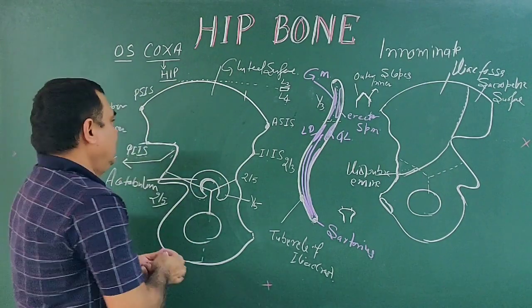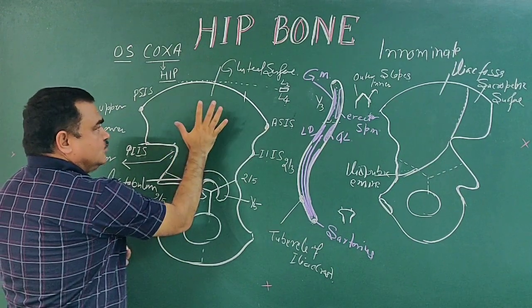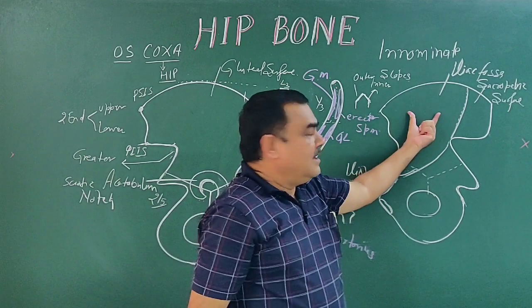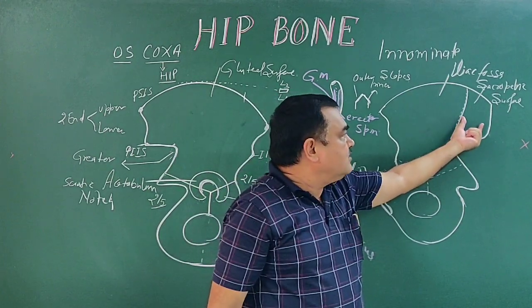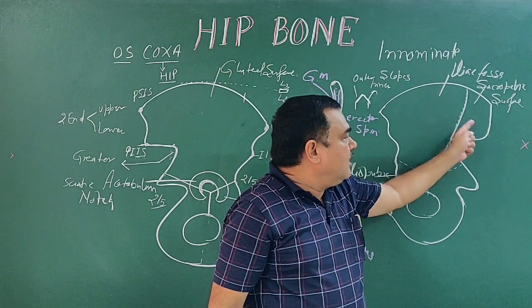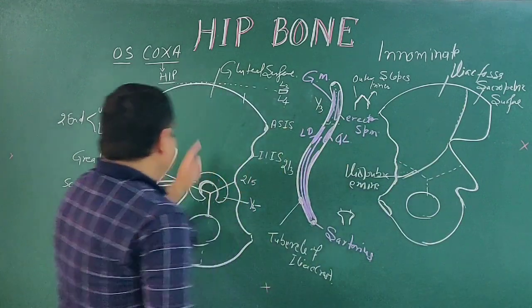Now the surfaces. The outer surface between the anterior and posterior border is the gluteal surface. On the inner side is the iliac fossa, and between the medial border and posterior border there is the sacropelvic surface.